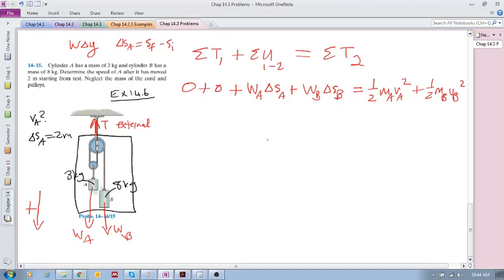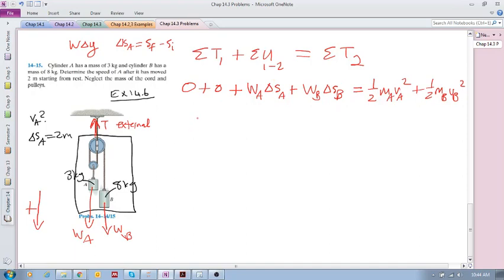So guys, our assumption is that both of these are moving down, which means the displacement vectors and the weight vectors are in the same direction, so we have positive work. Remember, it's an assumption, because actually these two weights are different, so one will most likely be moving up and one moving down. Okay, so now what is the weight of A?